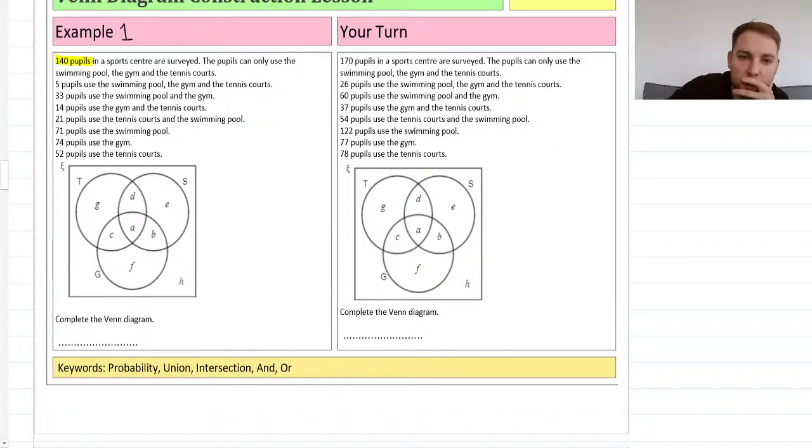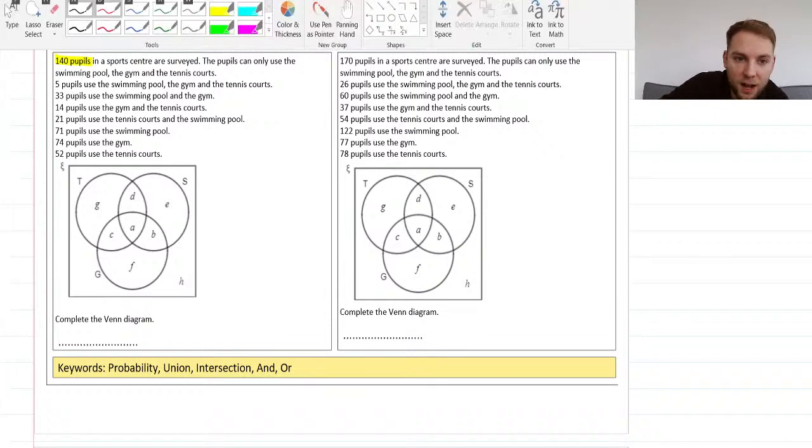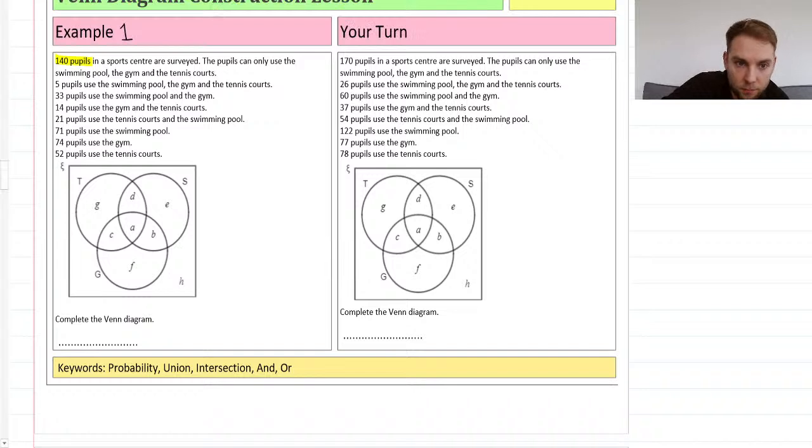So 140 pupils in a sports centre are surveyed. Pupils can only use the swimming pool, gym and tennis courts. There are 5 pupils who use the swimming pool, gym and the tennis courts. Okay, that's fine.